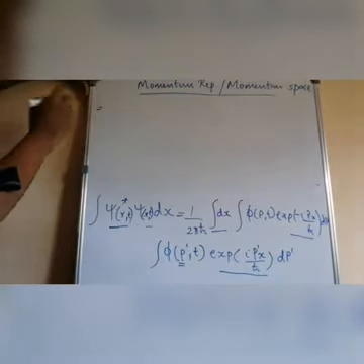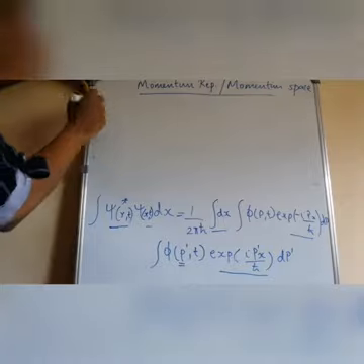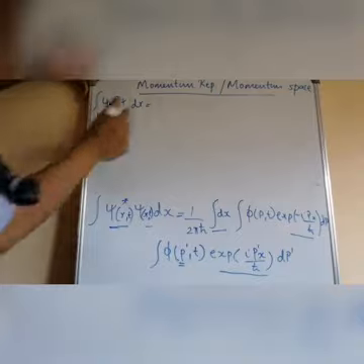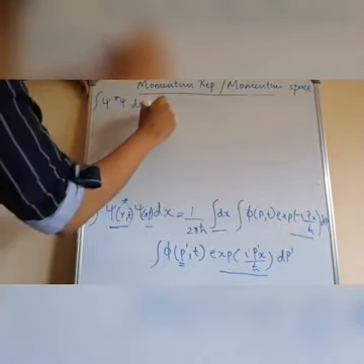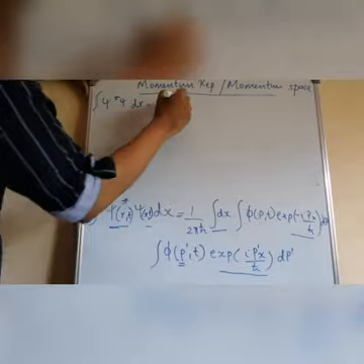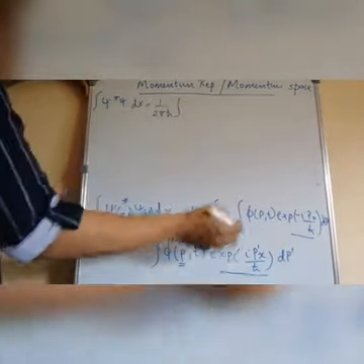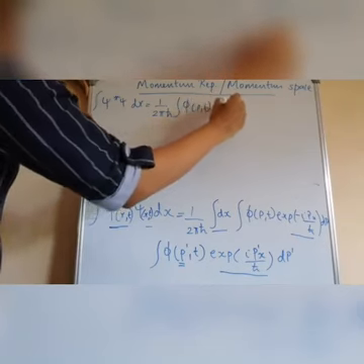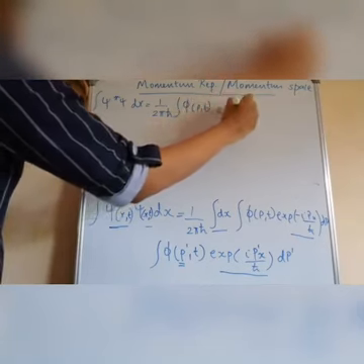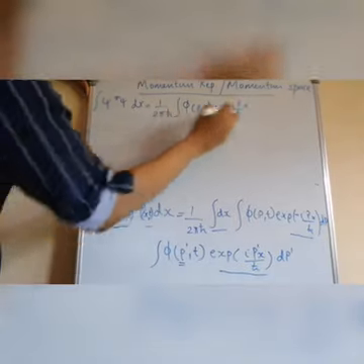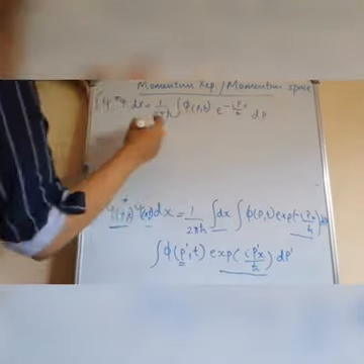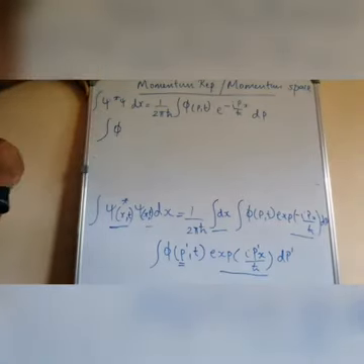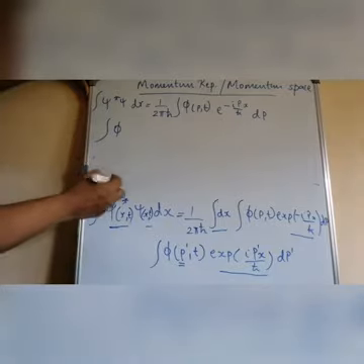So this is, let me write the left hand side as well, integral psi star psi dx is equal to, I will keep the constant here 1 by 2 pi h cut, and these two integrals: phi of p comma t, exponential minus i p x by h cut, dp, then integral phi star.